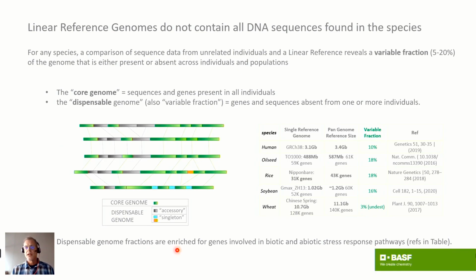I know the content, of course, is enriched for repetitive sequences, but it also contains genic sequences. All of these studies and others have shown that the variable fraction of the genome is enriched for proteins that encode biotic and abiotic stress responses, so enriched for environmental response genes.